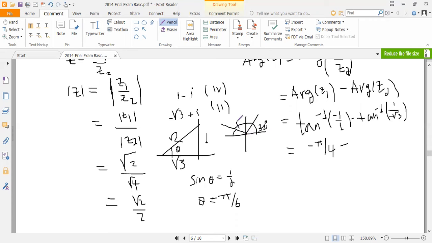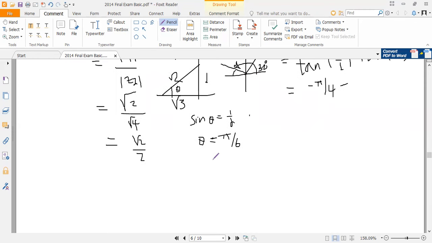We need this angle, which is 150 degrees. 150 degrees into radians, we multiply by pi over 180. Zero by zero is cancelled, by 3 is 5 and by 3 is 6, so 5 pi over 6 is obtained.